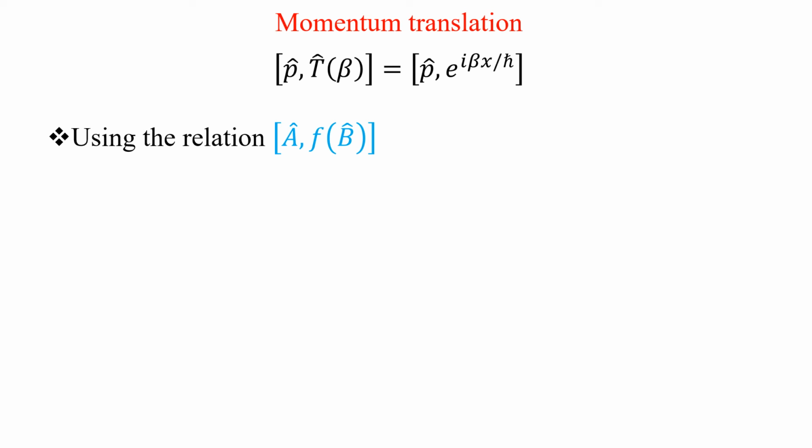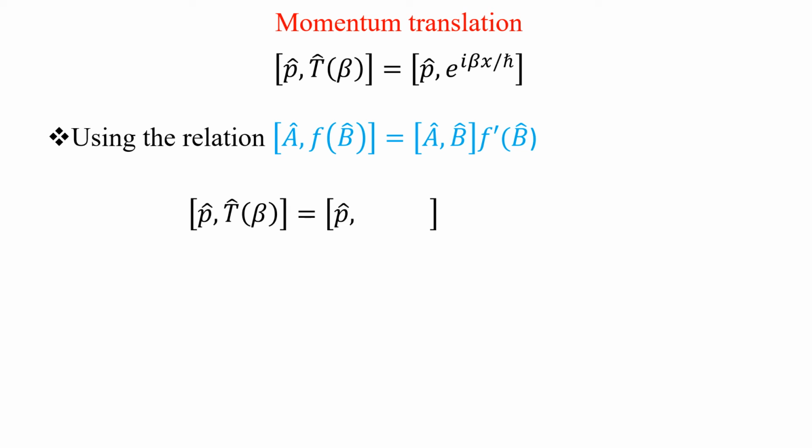The commutation of A with the function of P is equal to the commutation of A with P multiplied by the derivative of the function of P. So apply it in the above equation. Then we will get that the commutation of position with the translation operator T is equal to p, e power i beta x over h cross.